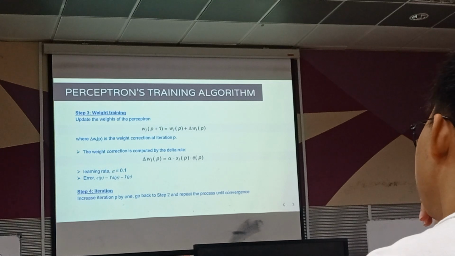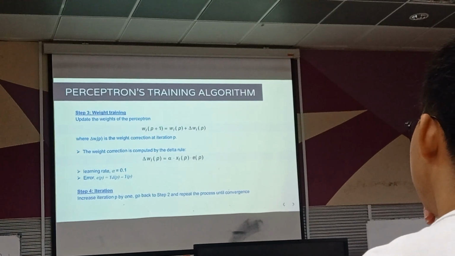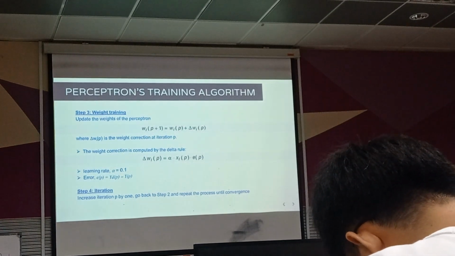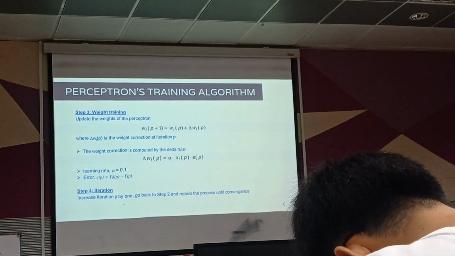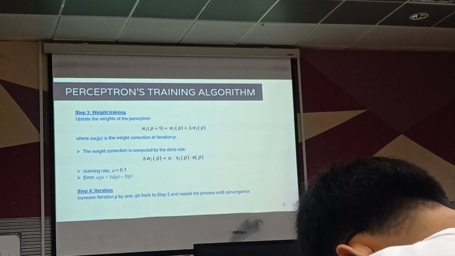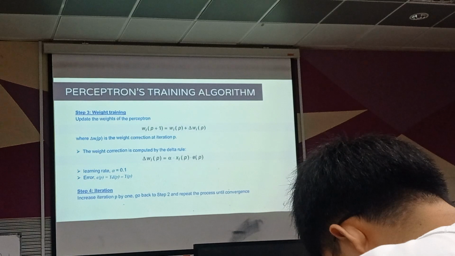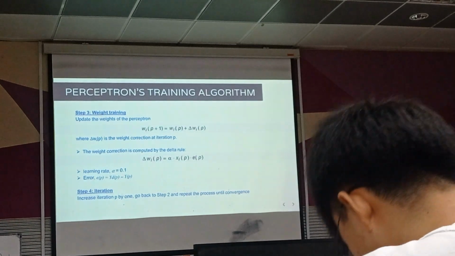So how to fine tune this value? You have to use this equation, which is W. Let's say I'm talking about W1. W1 new is equal to W1 old, which is 0.3, plus the correction. So what is the correction? It is equal to alpha, the learning rate.